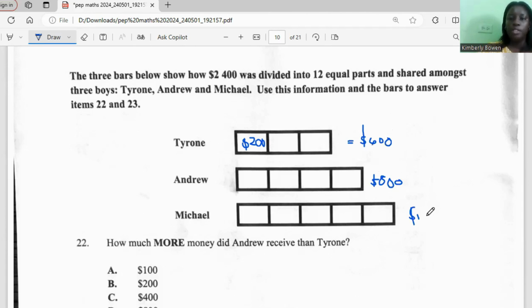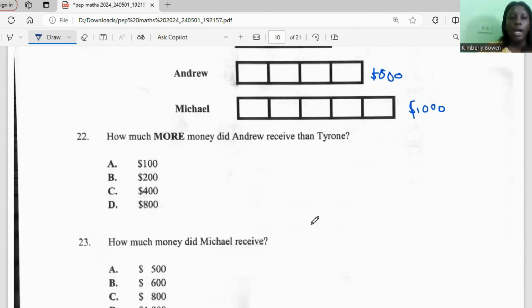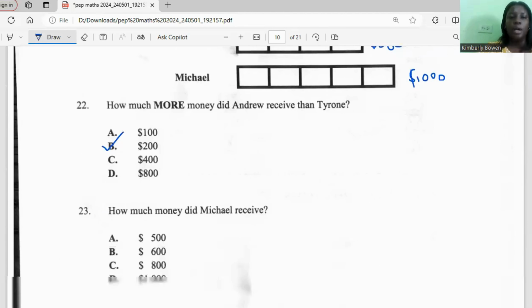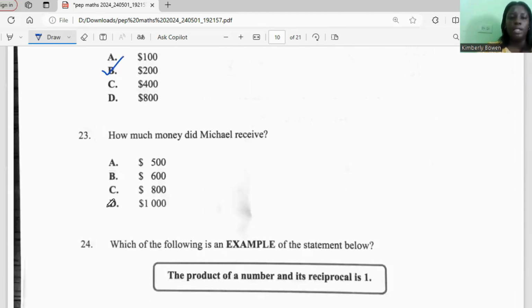Because I'm just multiplying 200 by the number of squares. All right, how much more money did Andrew receive than Tyrone? Let's look at Andrew's amount and Tyrone's, and that's $200 more. And the next question, how much money did Michael receive? And that's 1,000.